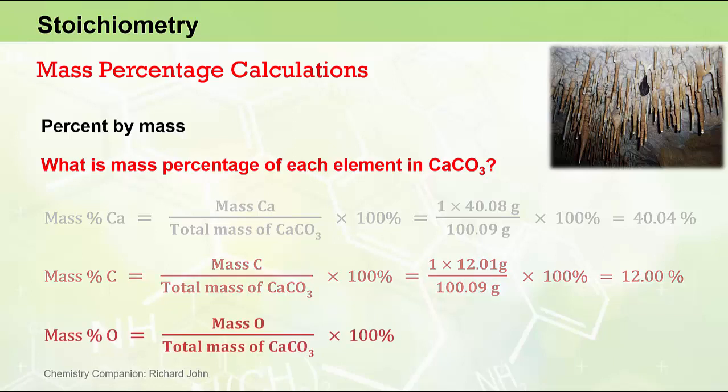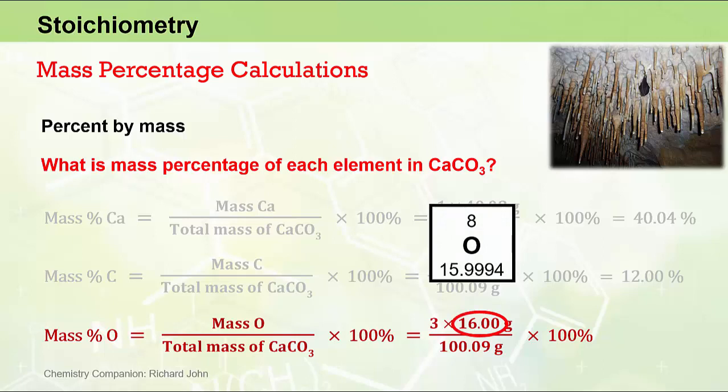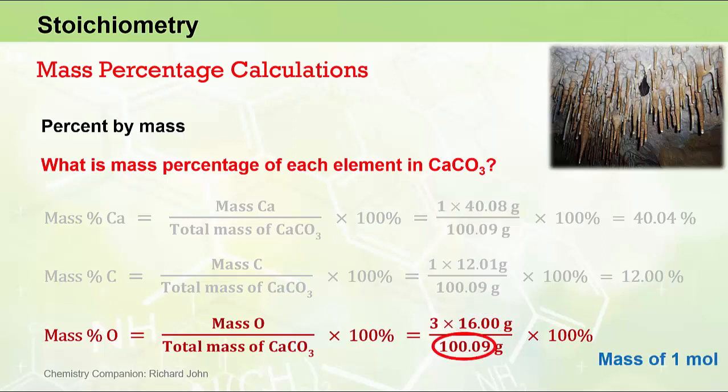The mass percent for oxygen is the mass of oxygen over the total mass of the compound. The contribution from oxygen is 3 times 16.00 grams. Remember, we get this number from the periodic table for oxygen to 4 significant figures, representing the mass of 1 mole of oxygen. And this number here again is the mass of 1 mole of the entire compound.